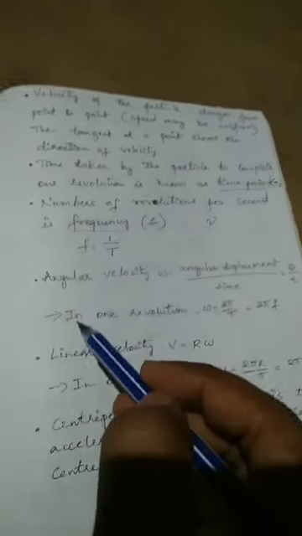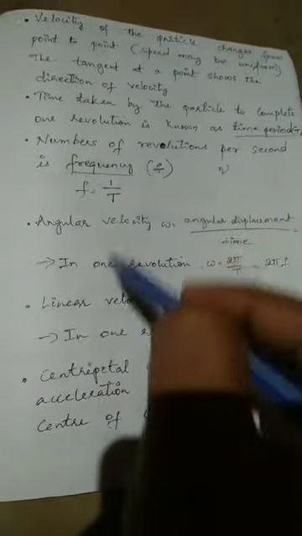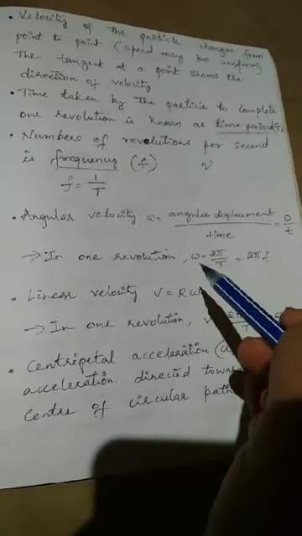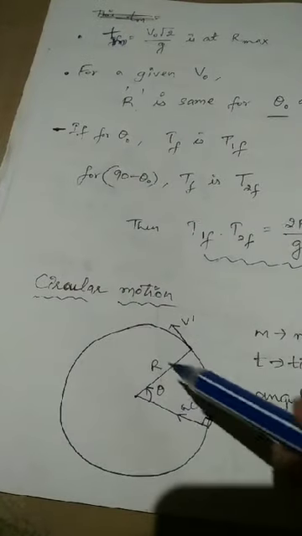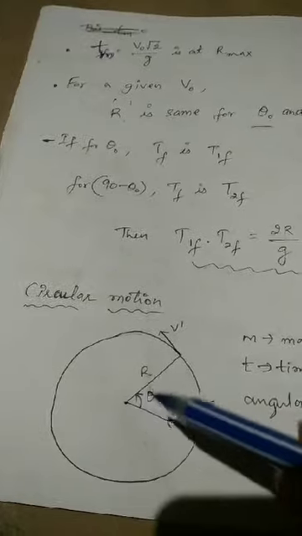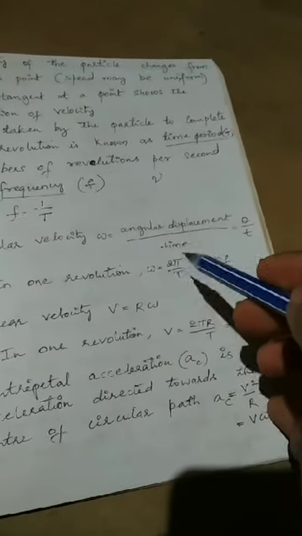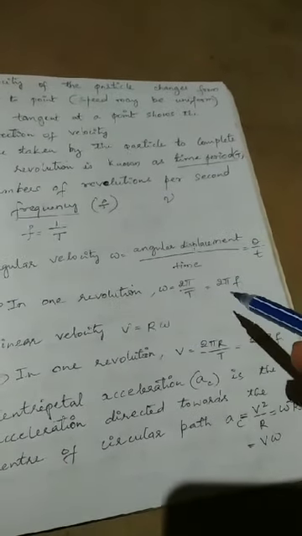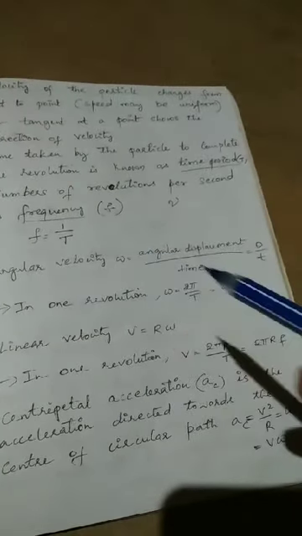Therefore, one more thing you have to remember here, in one complete revolution, this omega, that is angular velocity, is given by 2 pi by T, because around this point, what is the total angle? 360, in radians 2 pi. So angular displacement is 2 pi. So this is 2 pi by T, 2 pi into 1 by T, right? That is 2 pi F, because 1 by T is F. You can revise this.